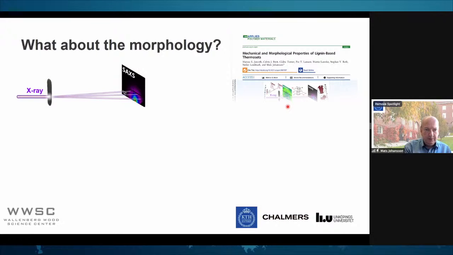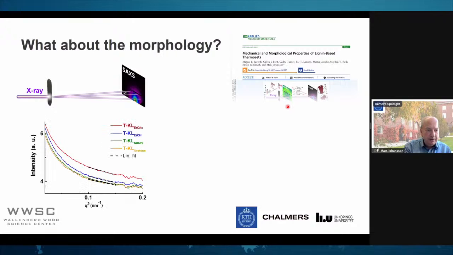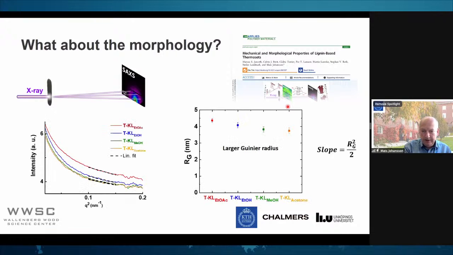To start with, we used SAXS, small angle X-ray scattering, meaning that we look at rather large features in the scattering pattern, in the nanometer range, and looked into what we call the Guinier radius, which is basically the size of a repeating feature within the structure.